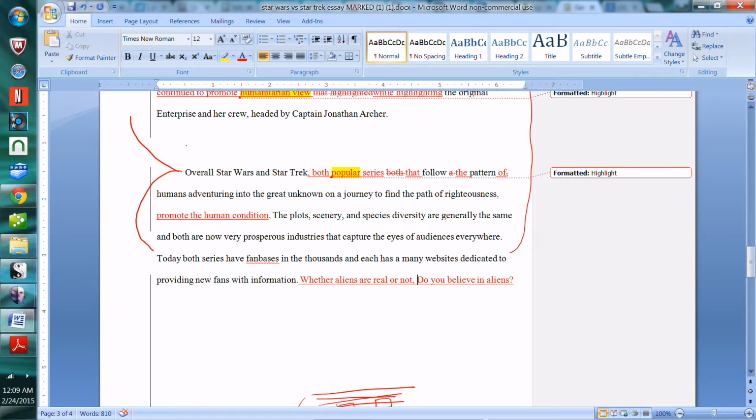Whether aliens are real or not continues to... how about whether aliens are real or not, the idea continues to fascinate viewers.